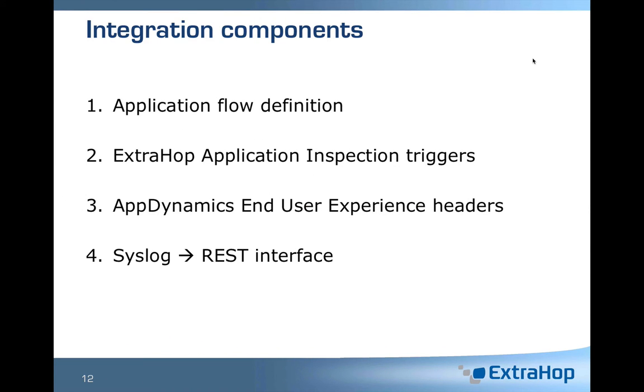So what are the components of this integration? There's basically four pieces. The application flow definition that goes into the trigger, the end user experience header, and then a small interface that translates ExtraHop syslog messages to the AppDynamics REST interface.